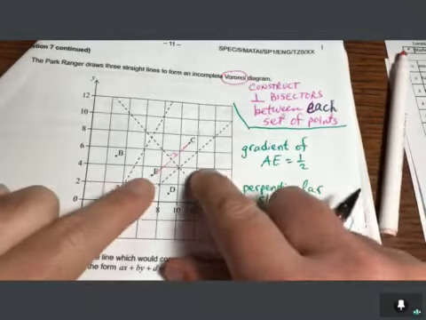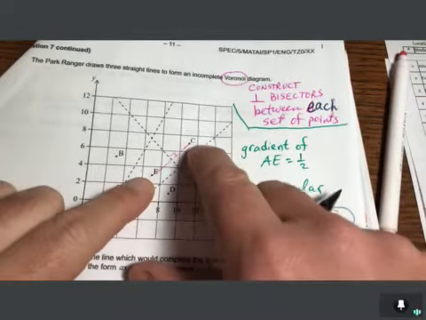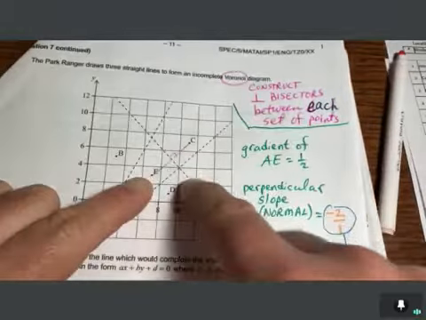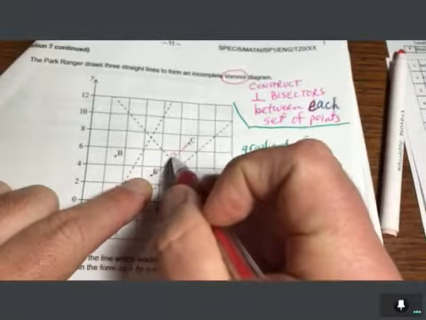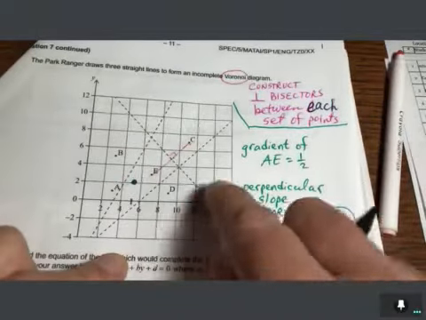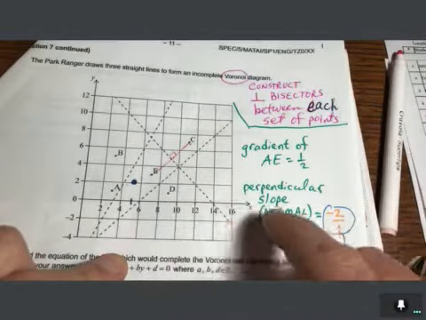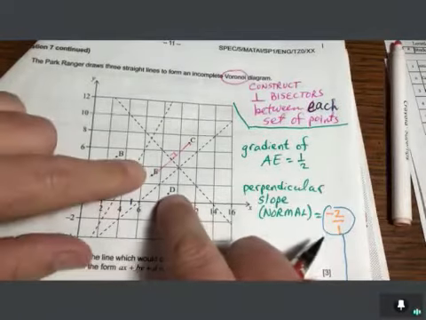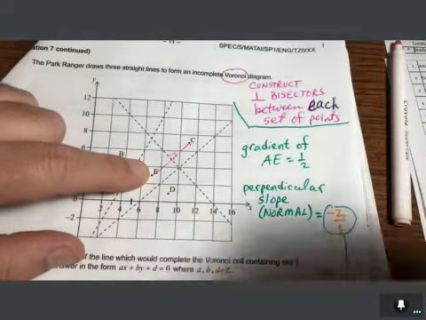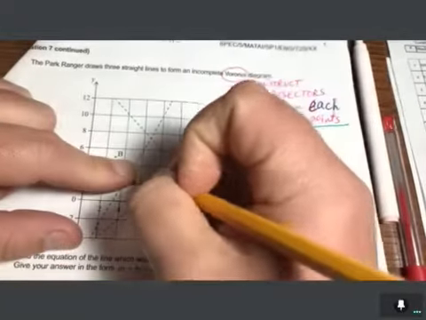So if you look at points E and C, this line right here is the perpendicular bisector. It's in the middle of E and C, and it's perpendicular. This line here is the perpendicular bisector between E and D. And hopefully you can visualize that.